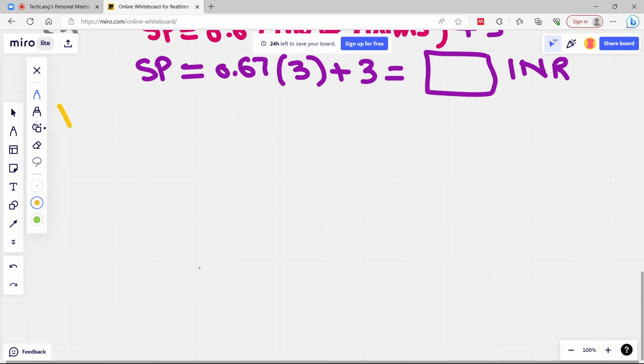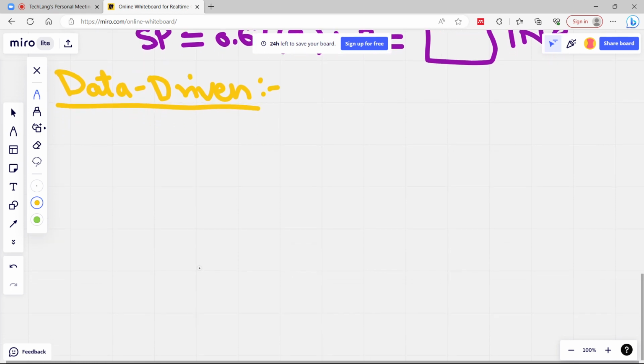So what is the data driven world? It means we have only data in our hand, nothing else. What is the meaning of this sentence? The meaning is that you are gathering this x and you are giving this y in return. Let's say the experience of the employee is this one, and the salary of the employee will be given by y, right?